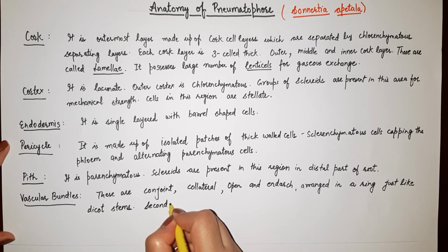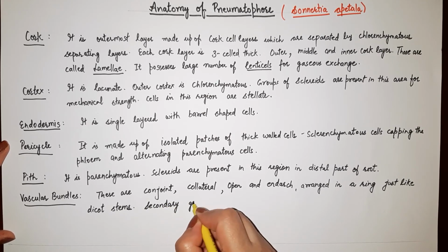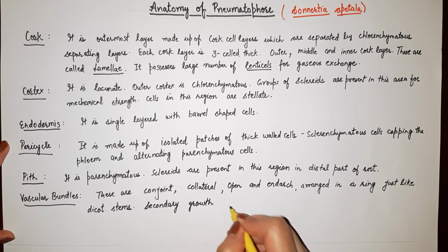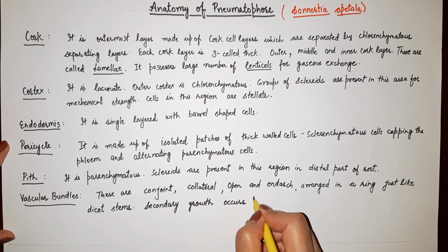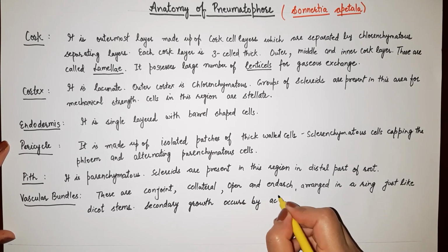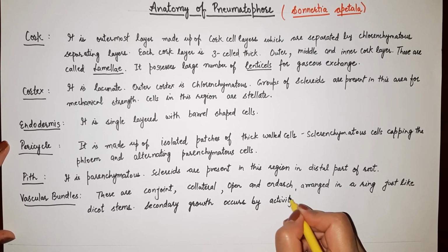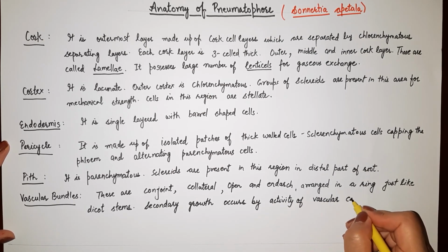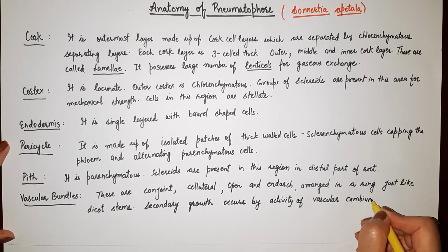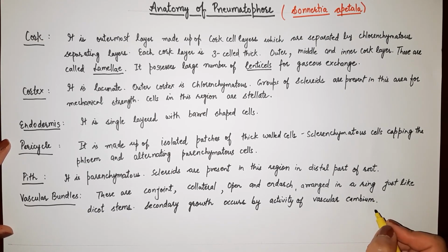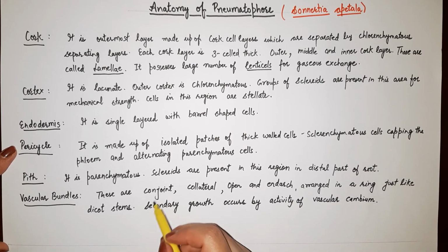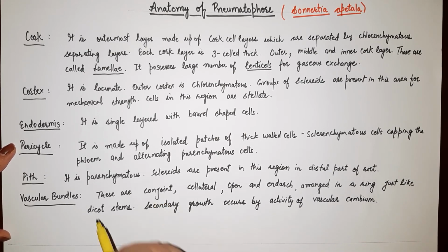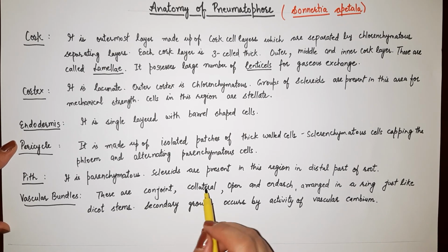Secondary growth occurs by activity of vascular cambium. So as bundles are open, so vascular cambium is present since beginning. The bundles are conjoint, means the xylem and phloem are present along the same radius.